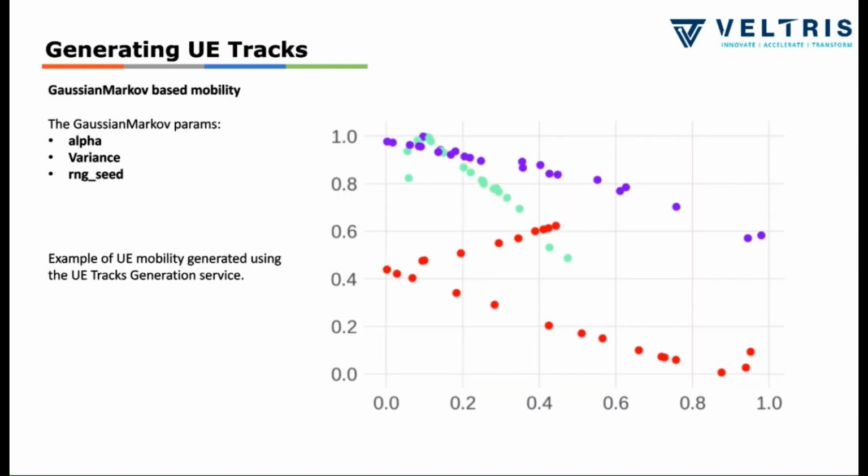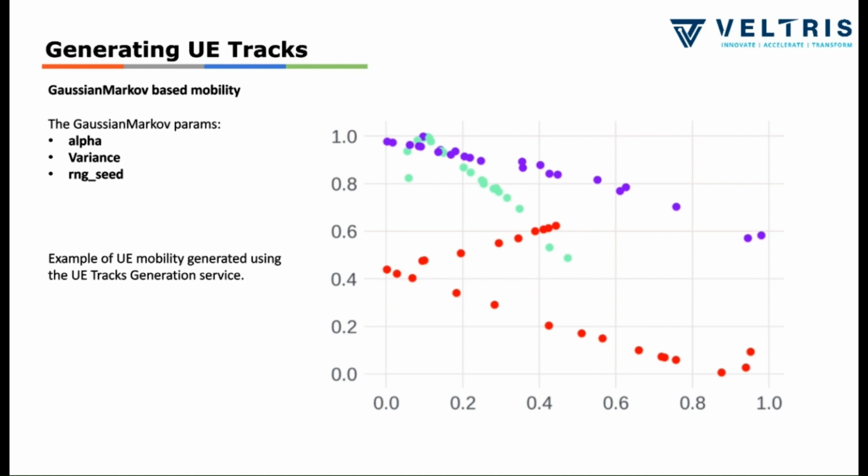Let us look into the Gaussian Markov based mobility. The Gaussian Markov mobility algorithm is used for generating UV tracks, and it has certain parameters which are used to tune the randomness of the generated data. The parameters are alpha, variance and RNG seed. Alpha is the tuning parameter used to vary the randomness.